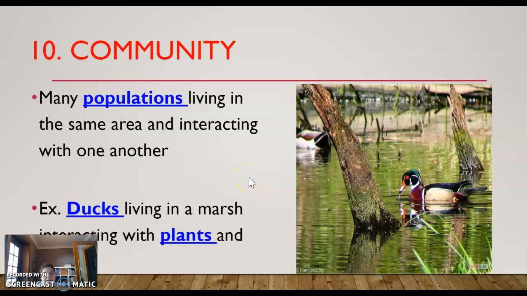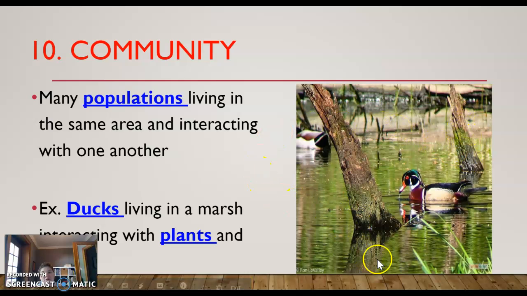A community is when we have many populations living in the same area and interacting with one another. We have this example with the ducks in the pond, and there are many different living populations here. We have the population of plants, the population of ducks, the different insect populations, the fish, and the types of mosses in the pond.